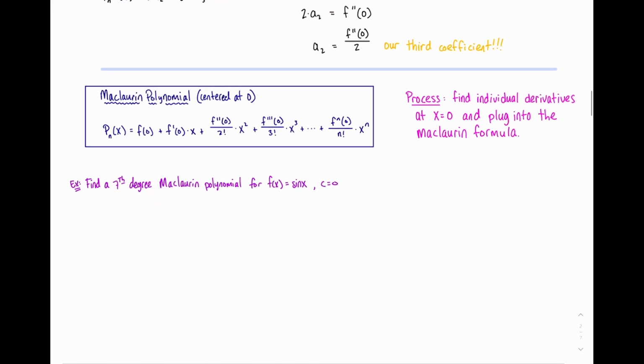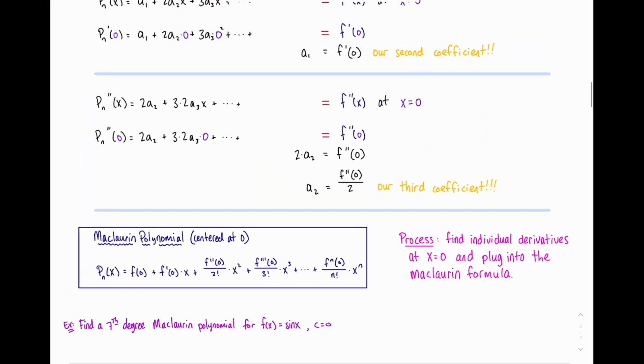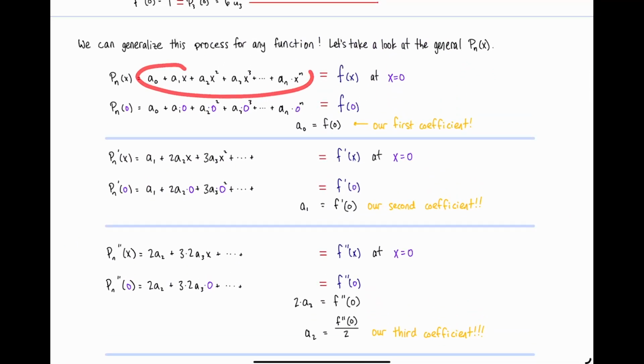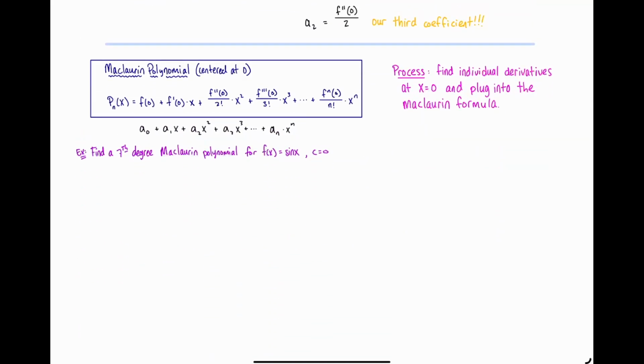So we get this thing called the Maclaurin polynomial. A Maclaurin polynomial, all it's doing is starting with this general polynomial. Here, let's just copy this thing. It's starting with this general polynomial. I could have done this before.